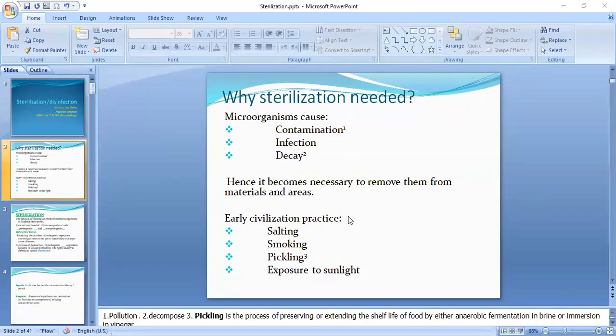So it becomes necessary to remove these bacteria or the microorganisms from the materials and the areas.